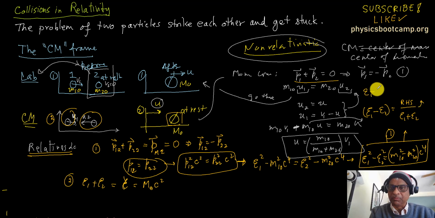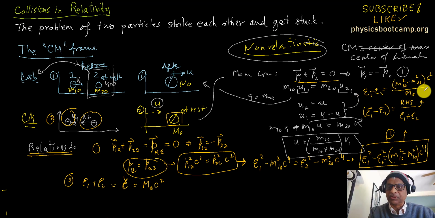So it's going to be E1 minus E2 is equal to (M1,0 squared minus M2,0 squared) C squared over M0. So the units are all right. We're going to call this 1 prime.